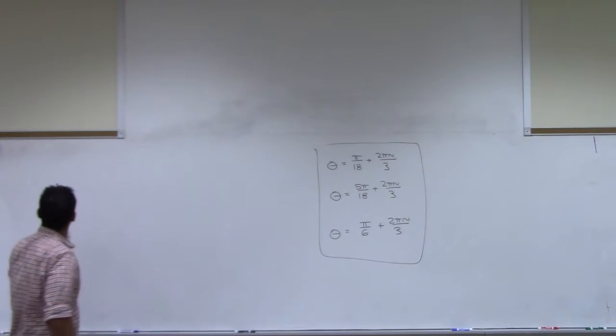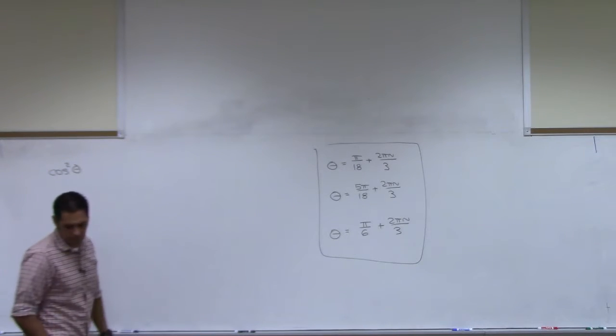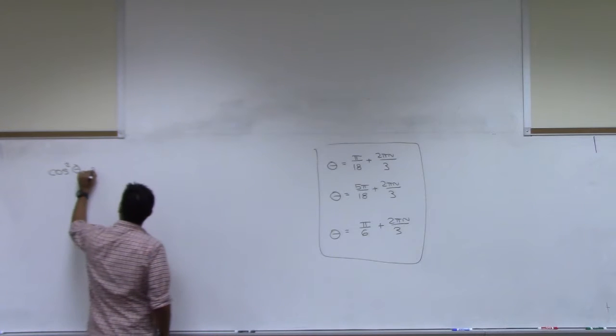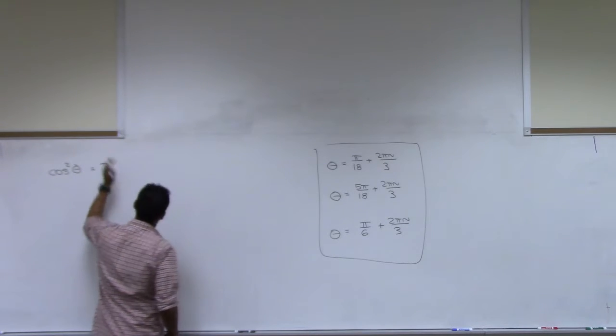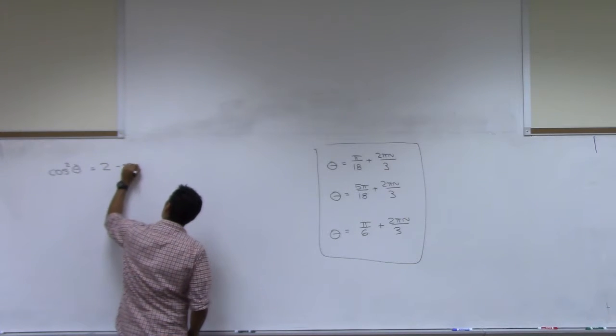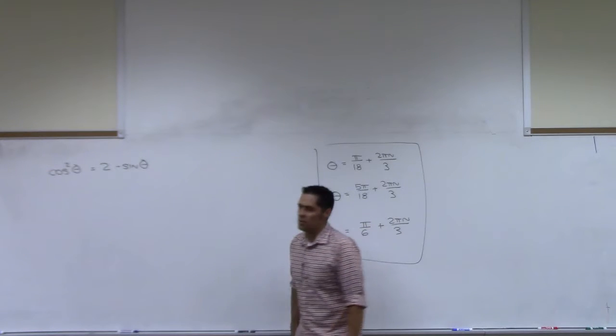How about this one? Cosine squared theta equals 2 minus sine theta. Solve this equation.